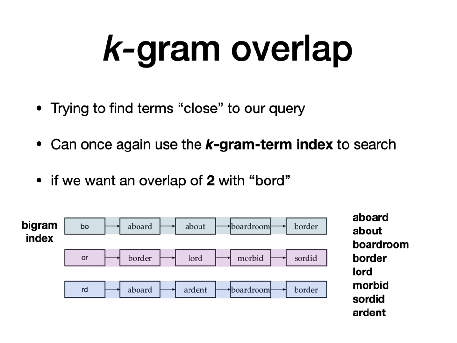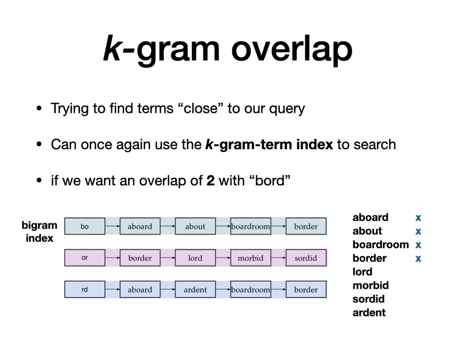In this case, we've set it at 2. So let's look at each term and see, does it actually satisfy that? BO: aboard works, about works, boardroom works, border works. Lord doesn't, morbid doesn't, sorted doesn't, ardent doesn't.